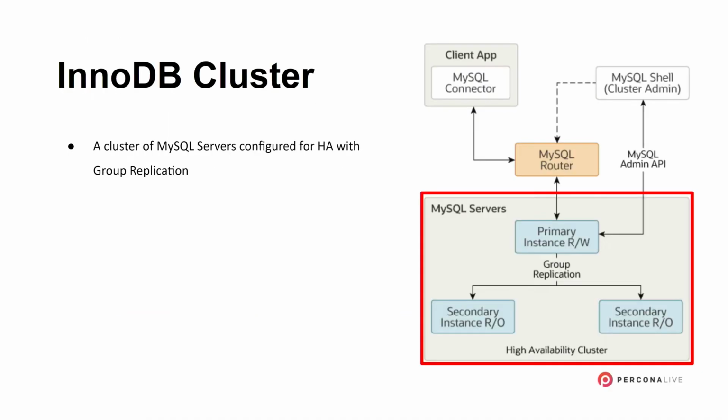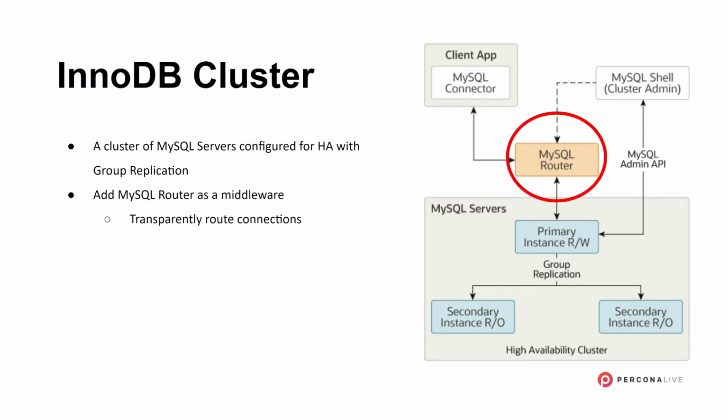So this image is from the documentation that we can use as a reference. It starts with Group Replication, 3 instances of databases in a high availability cluster, and then you add MySQL Router as a middleware, so your application can connect to the router, and it should route to whatever is the primary instance or the secondary or whichever operation.